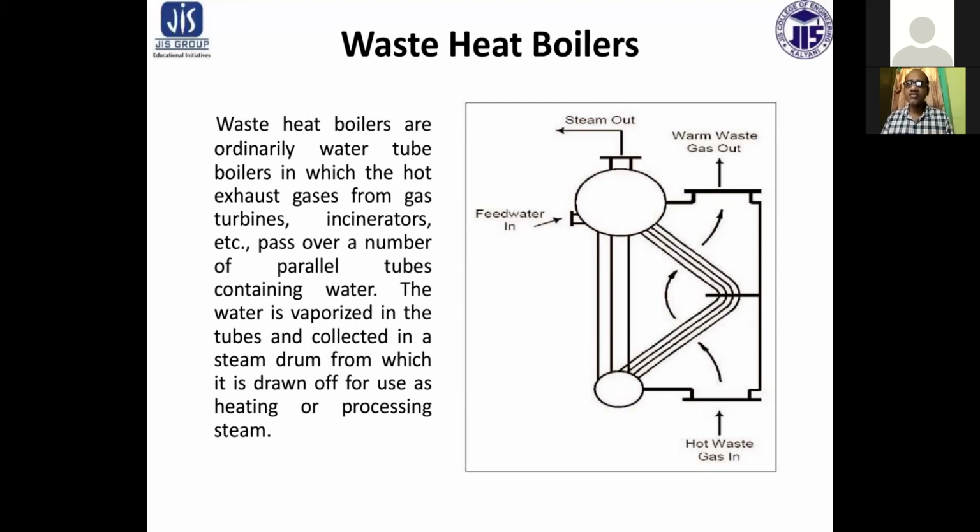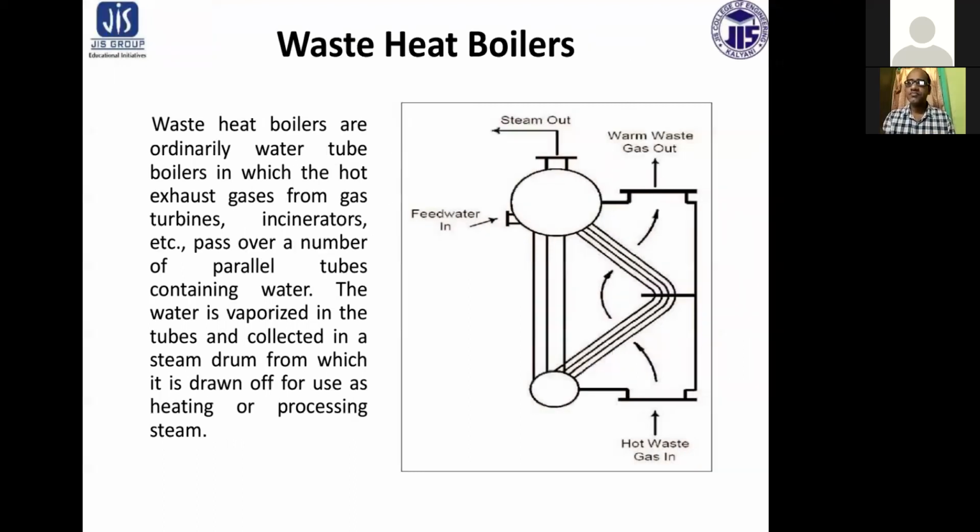The water is vaporized in the tubes and collected in a steam drum, from which it is drawn off for use as heating or processing steam.